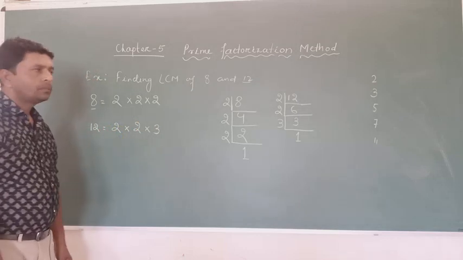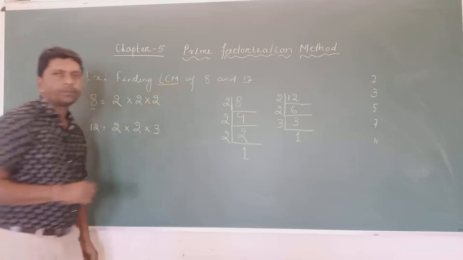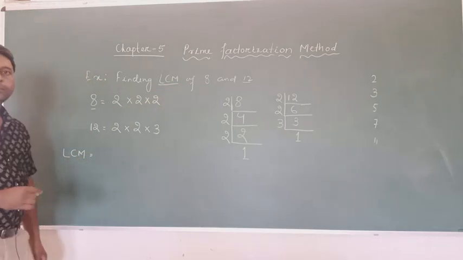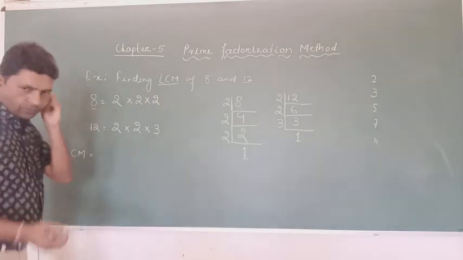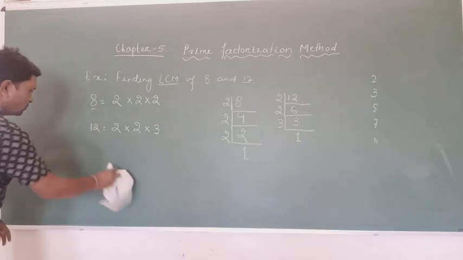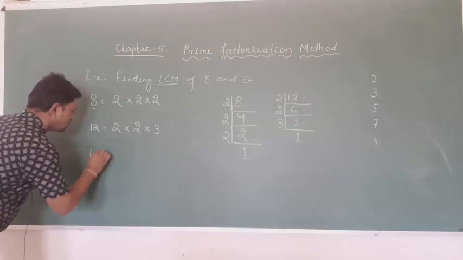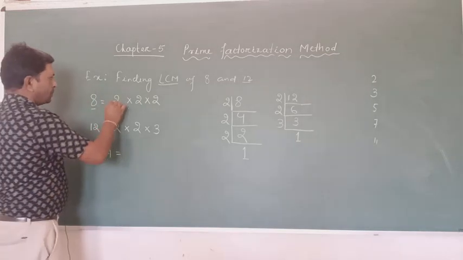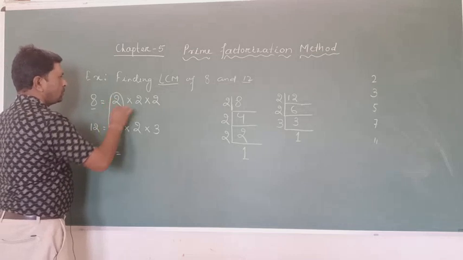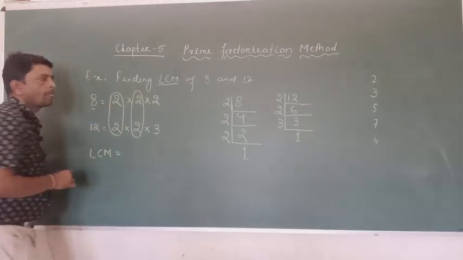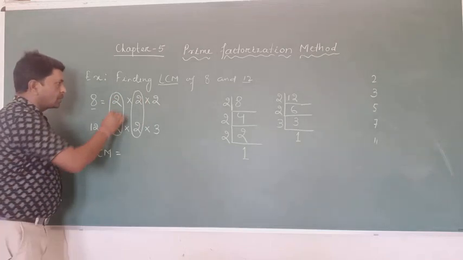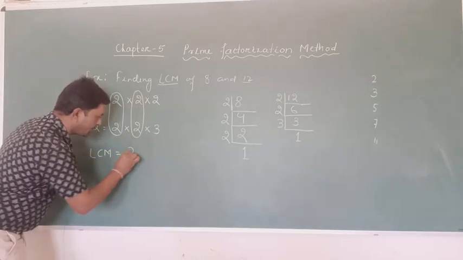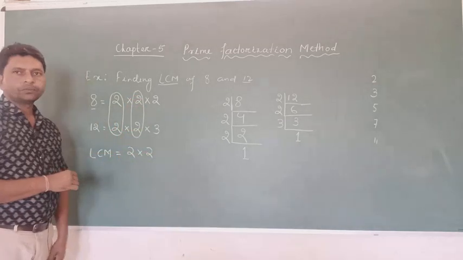Okay, now we have to find the LCM. So what we have to do? LCM is equal to, just take the common numbers. 2 is common, here also 2 is common, so take 2 into 2, multiply.